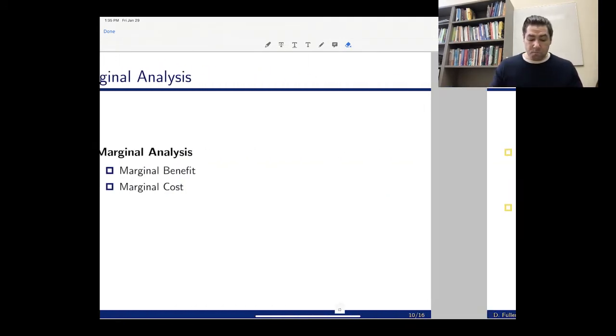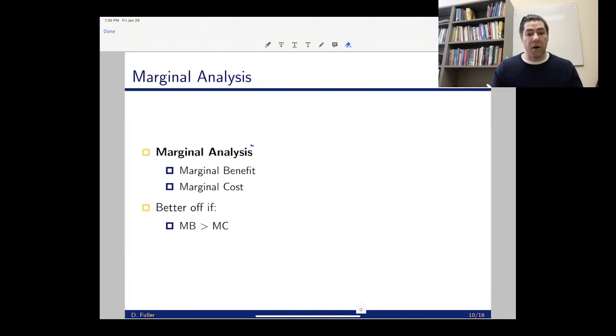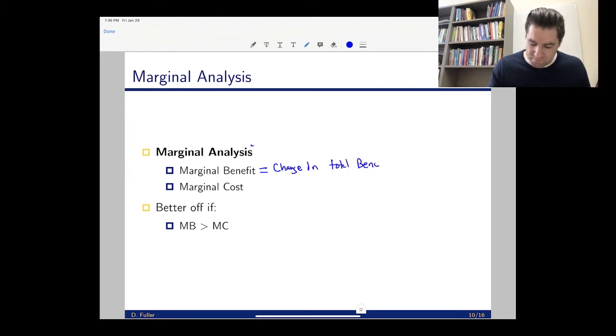And so we've got a few terms here to keep track of. One of these terms, marginal benefit, is simply defined as the change in my total benefit from adding one more. That's the marginal benefit.